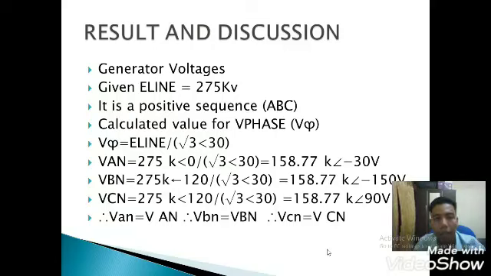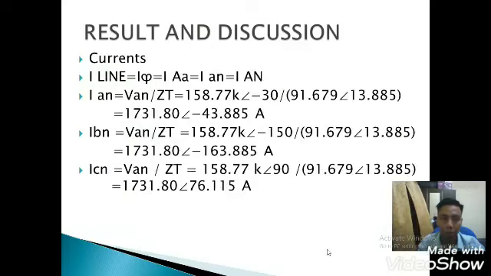For VCN is equal to 275 kilo at angle 120 divided by root 3 at angle 30, which is equal to 158.77 kilovolt at angle 90 volt. Then we go for the current.